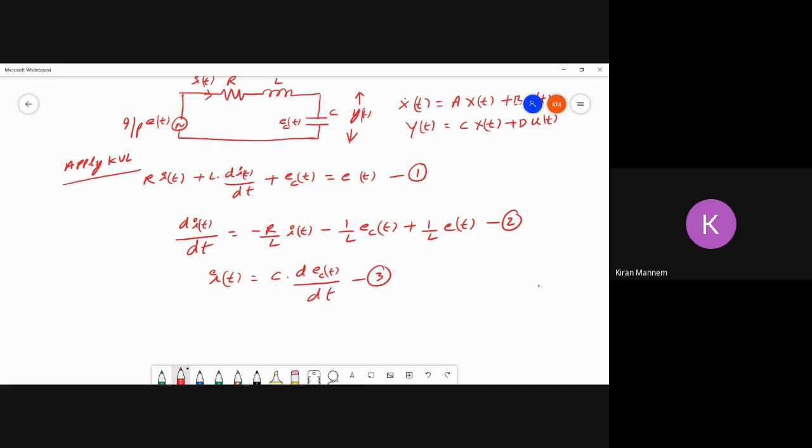So rewriting this equation, it will be d Ec of t by dt is equal to 1 by C into i of t. This is the fourth equation.